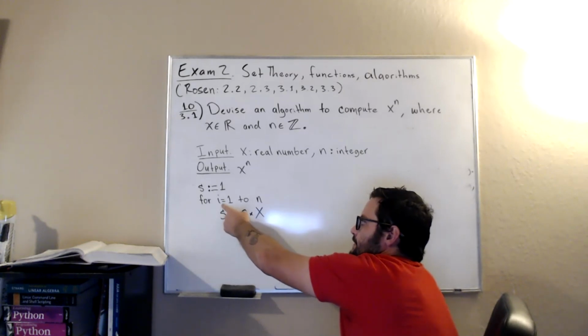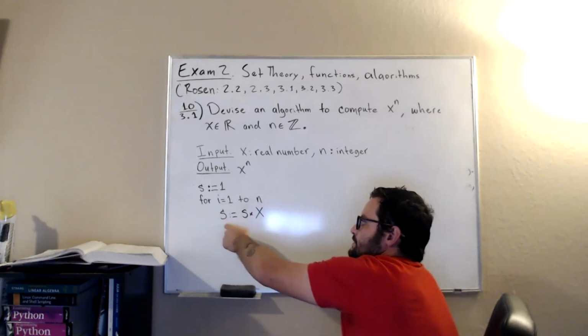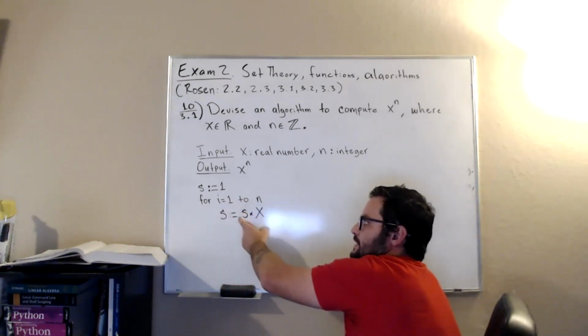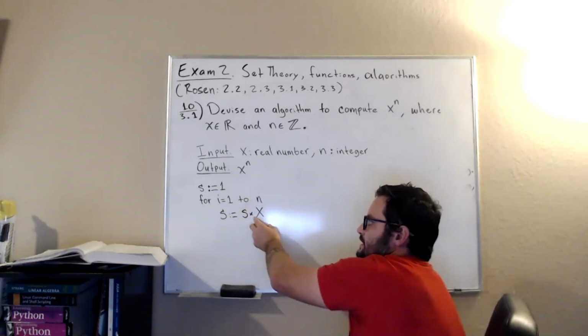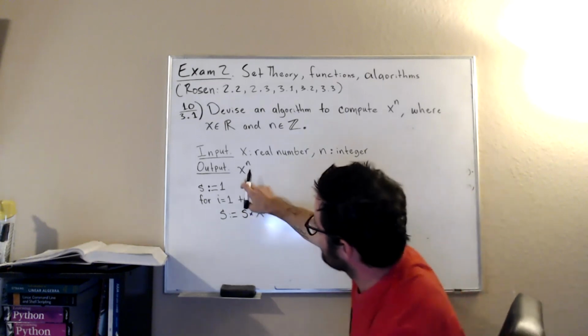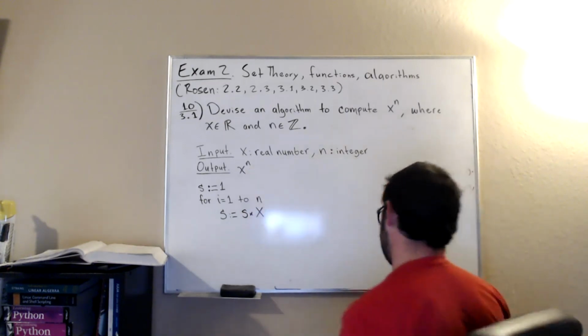And then i equals 2 would be x times x, right? Then i equals 3, x times x times x, which is s times x. And if you keep on doing this, this should result in x to the power of n.